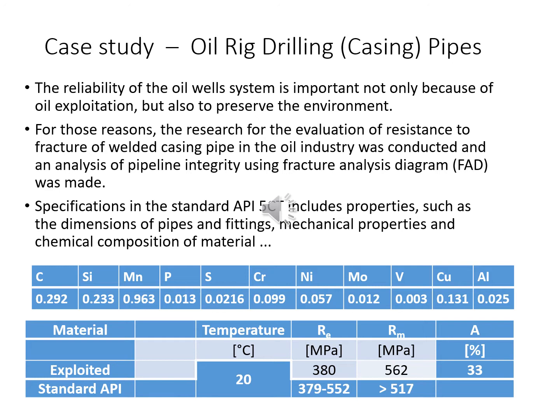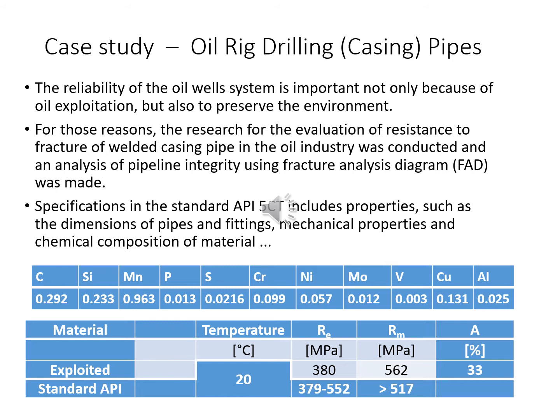But we need to estimate risk because of probability, which might be relatively high, since these welded casing pipes can contain defects of crack-like type, and they do fail from time to time.